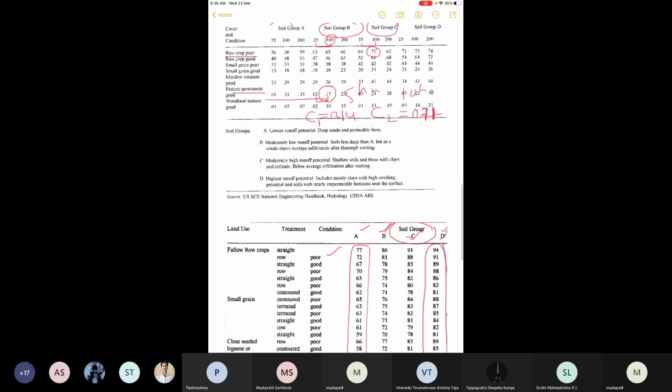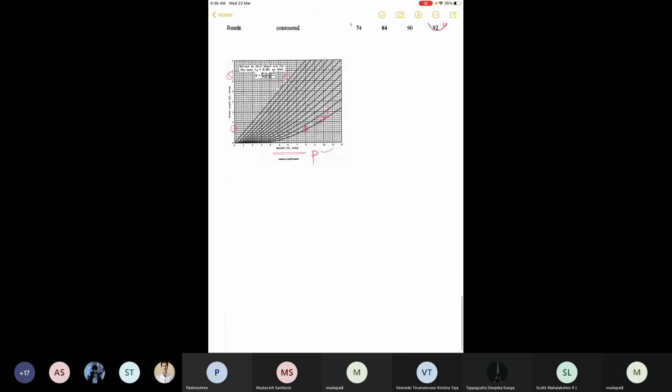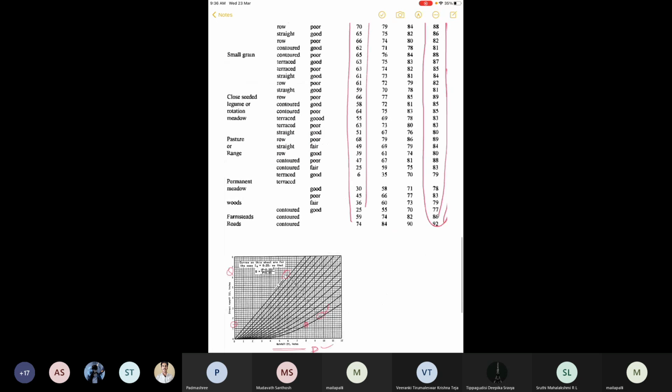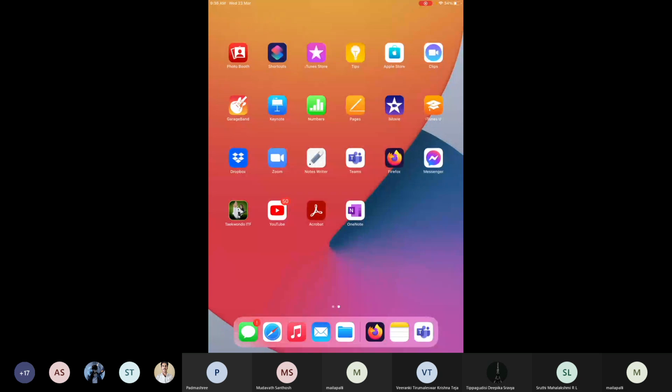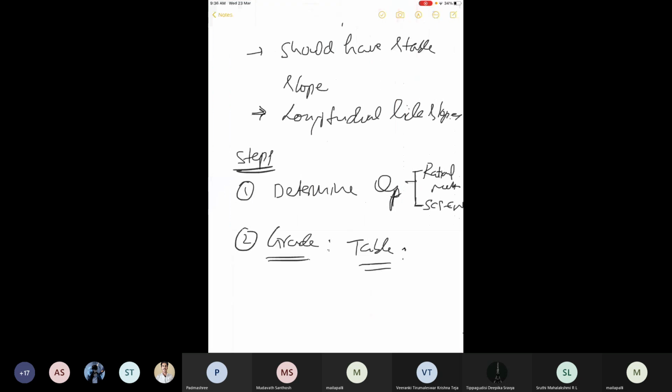Maybe I have a table. All right, so the table, right now I'm going to describe that. I'll provide these tables anyway for your reference. You can go through the tables.